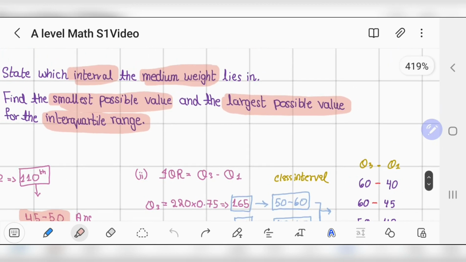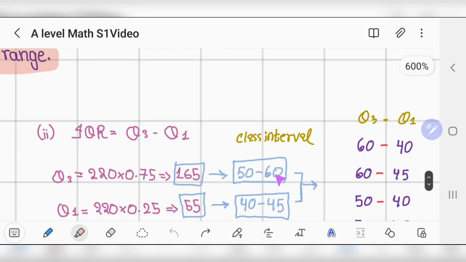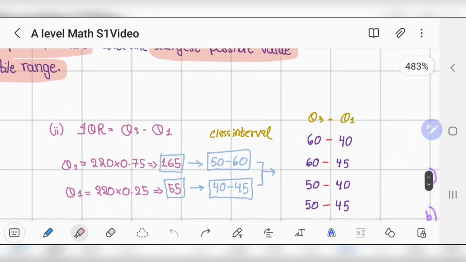So the largest is 60 and the smallest is 40. So we can make four possible combinations. Since we are doing subtraction, it could be 60 minus 40, or 60 minus 45, or 50 minus 40, or 50 minus 45.